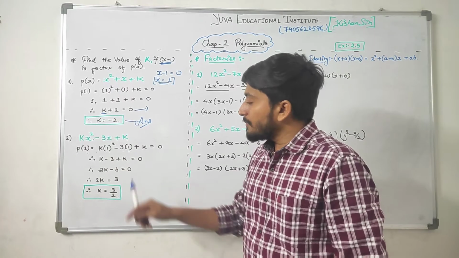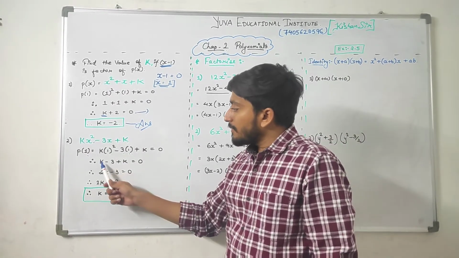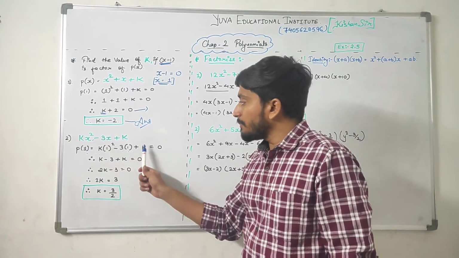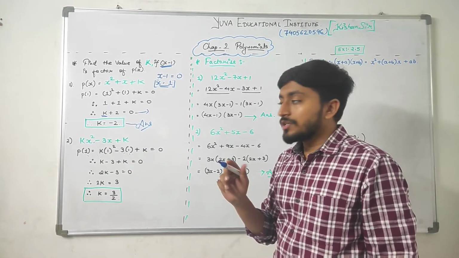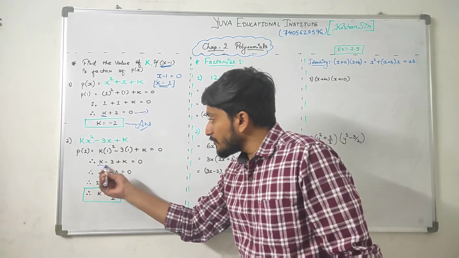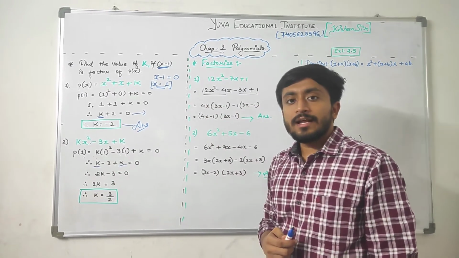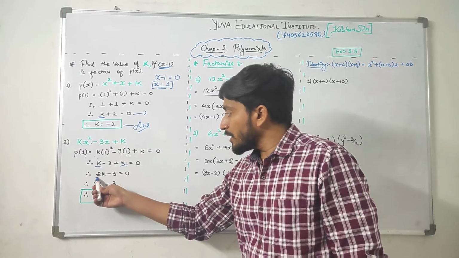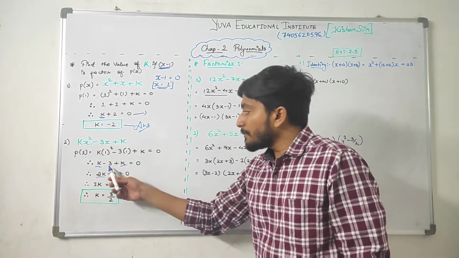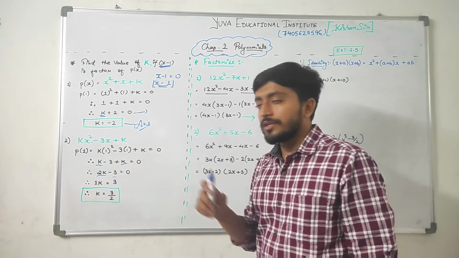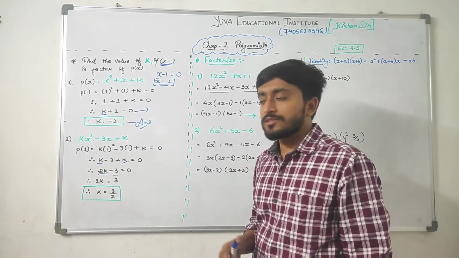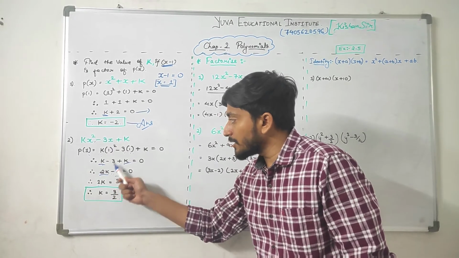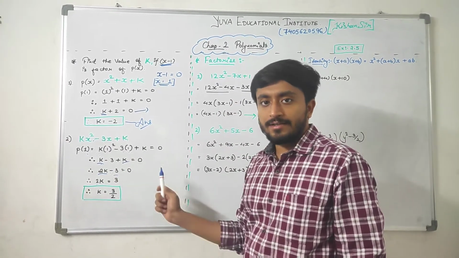Now simplify this step, you have k minus 3 into 1 becomes minus 3 plus k. Now see here, you have two values of k that are like terms. You can add k plus k, that becomes 2k minus 3 equal to 0. Then again make k the subject, 2k is equal to 3. This minus 3 becomes positive when it goes to the right hand side.